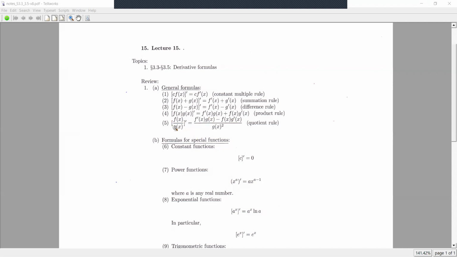Derivative of a quotient is the derivative of the numerator times the denominator minus the numerator times the derivative of the denominator, all divided by the square of the denominator.